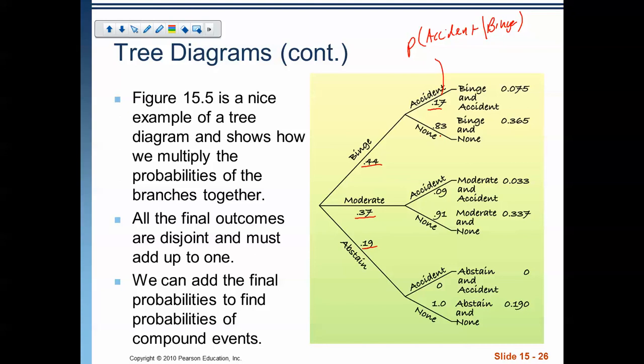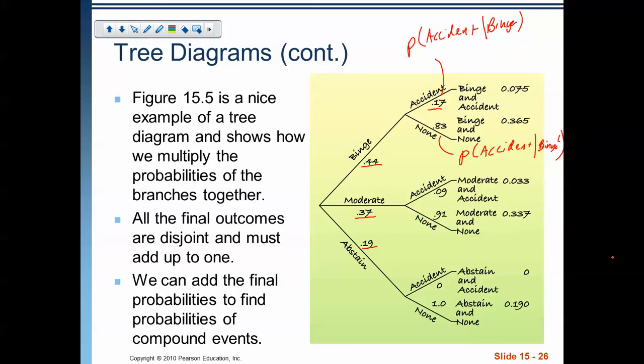That means that this 0.83 down here is the probability that I've been in an accident, given that I am not a binge drinker, right? So I'm going to write binge drinker complement. Binge complement. So we can see the conditional probabilities inside the tree diagram.